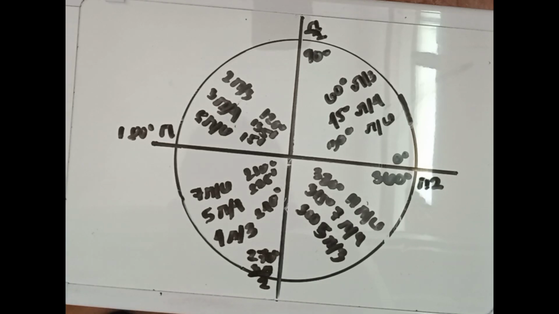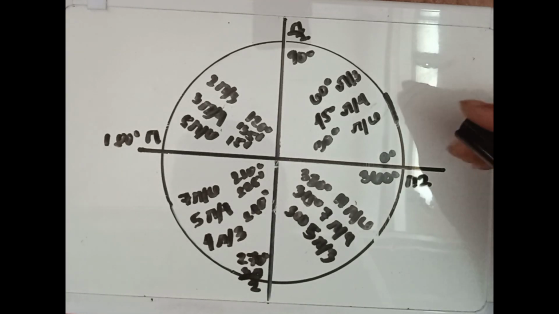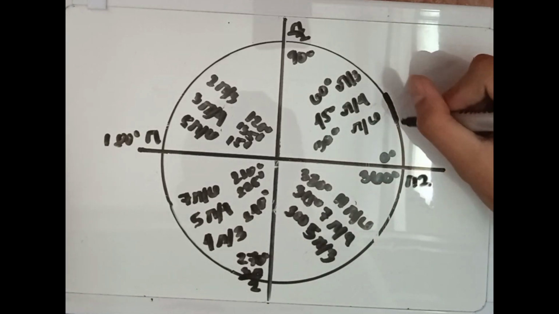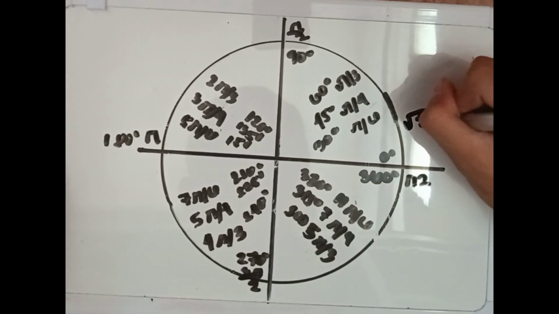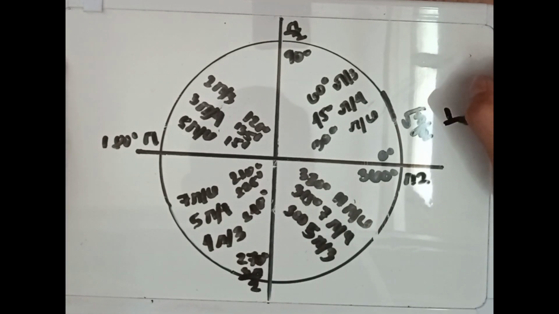So after finding the values of degrees and radians, we will now move on to the values of the x and y coordinates. The x and y coordinates of 30 degrees, pi over 6, are square root of 3 over 2 and 1 over 2.